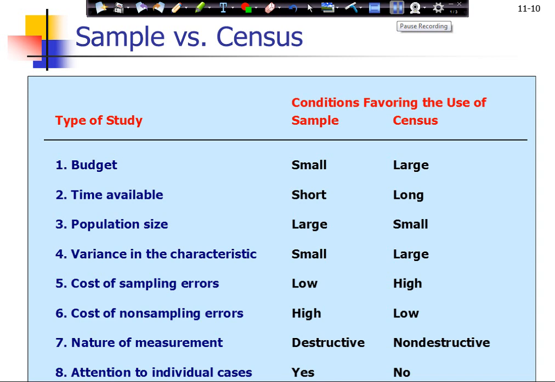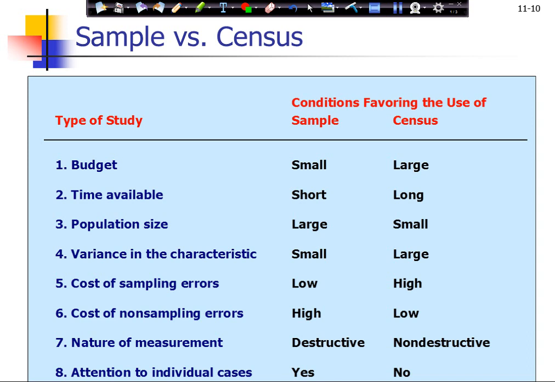The final criteria under study is attention to individual cases. What is the extent that each and every response is important to you? If at all you feel each and every response is important, then please select a smaller number, because practically it looks difficult to do a survey or collect the information from the whole population.